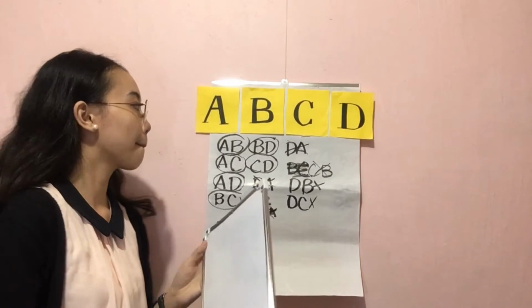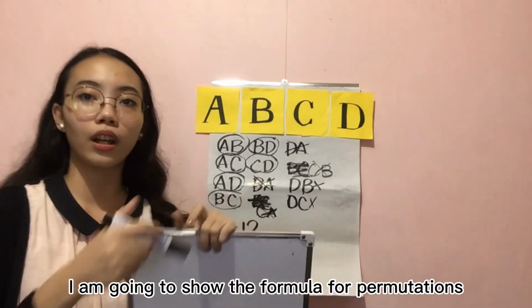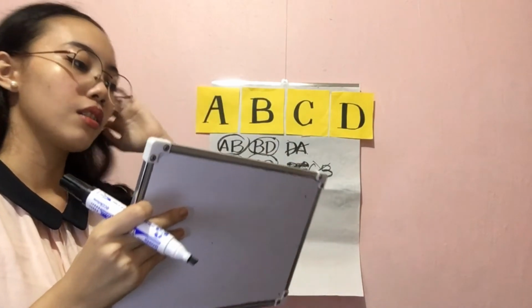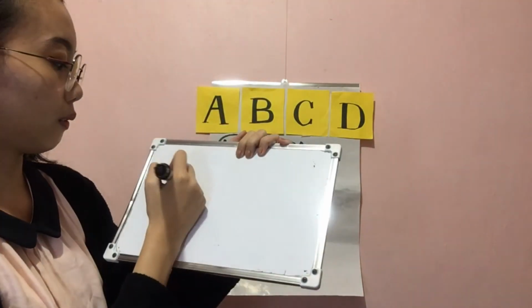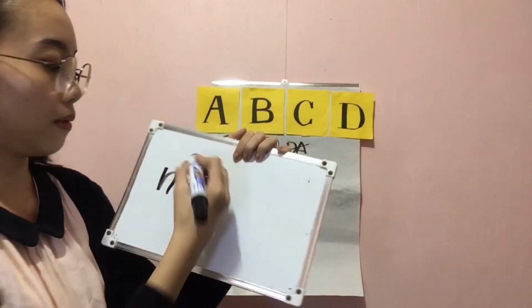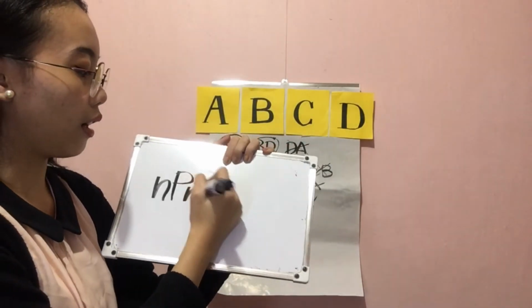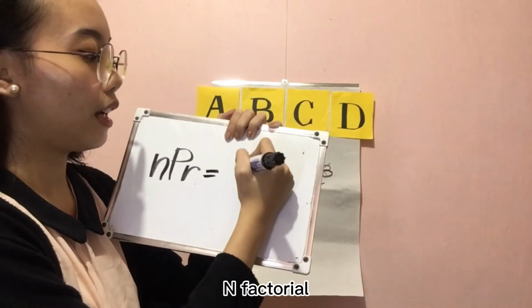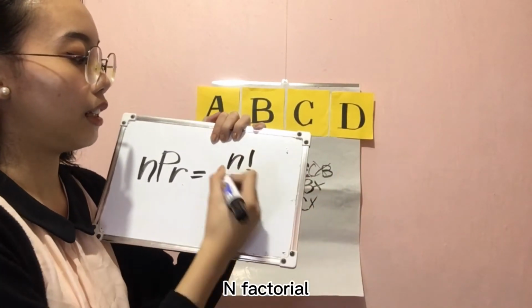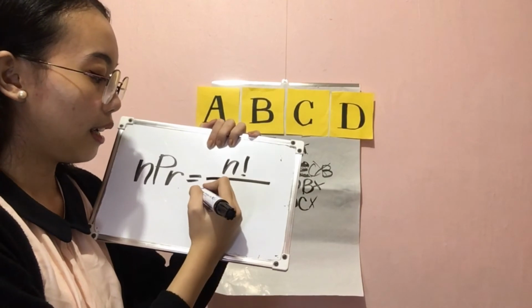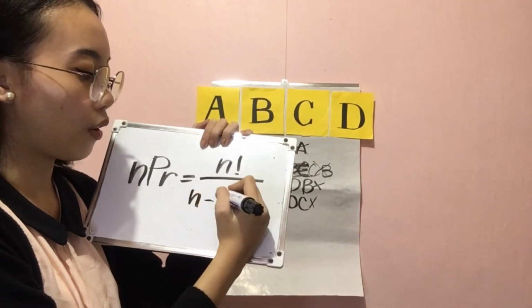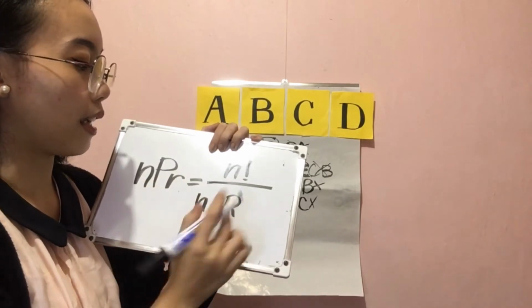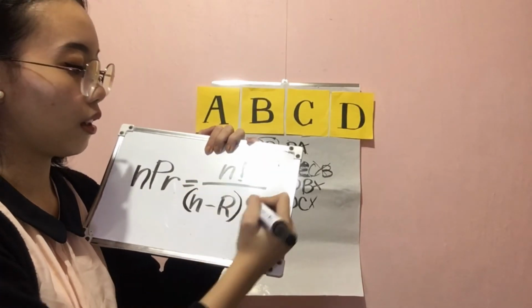First, the formula for permutations: nPr is equal to n factorial divided by n minus r factorial.